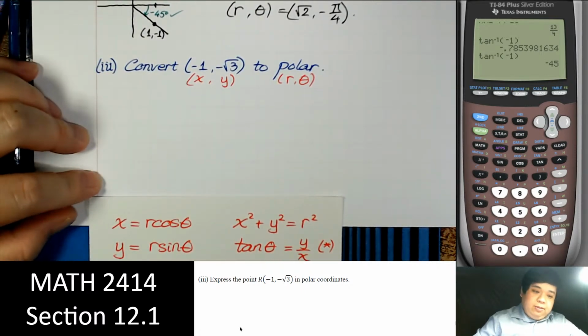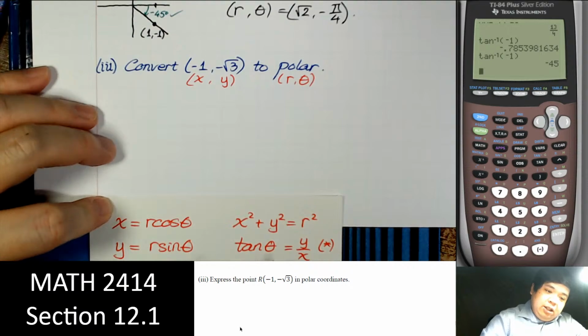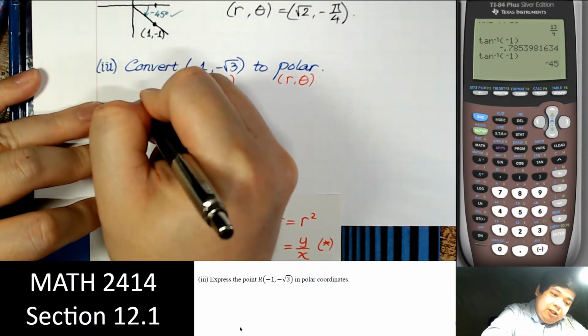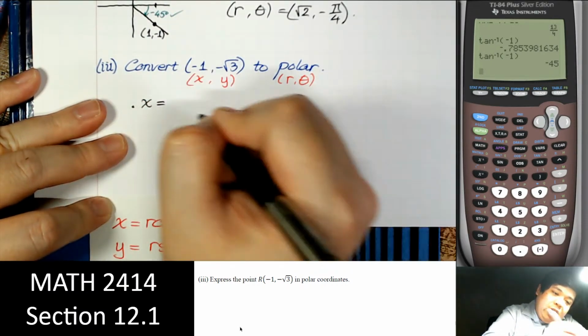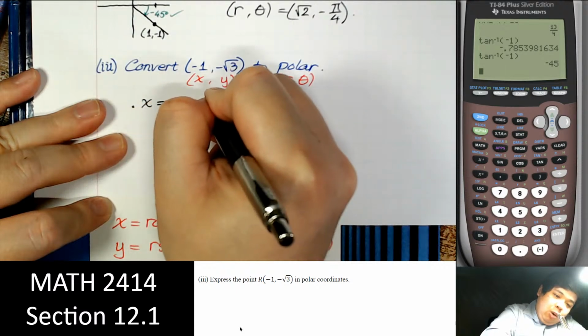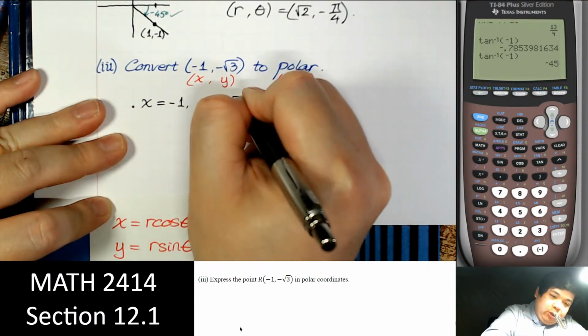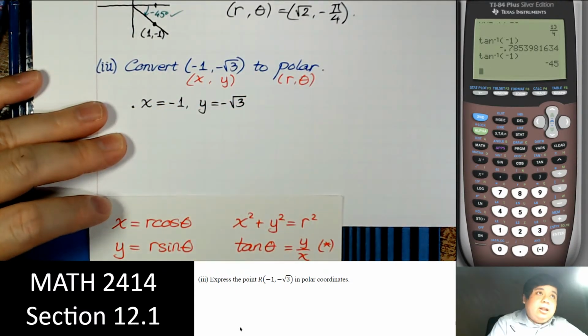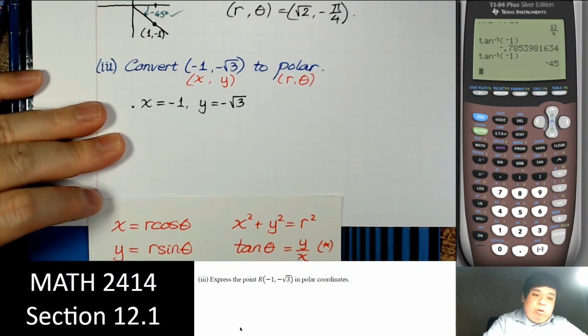Alright, so first we have x equal to -1, y is square root of 3. Right, we have x and y. Now we're trying to find r and theta.